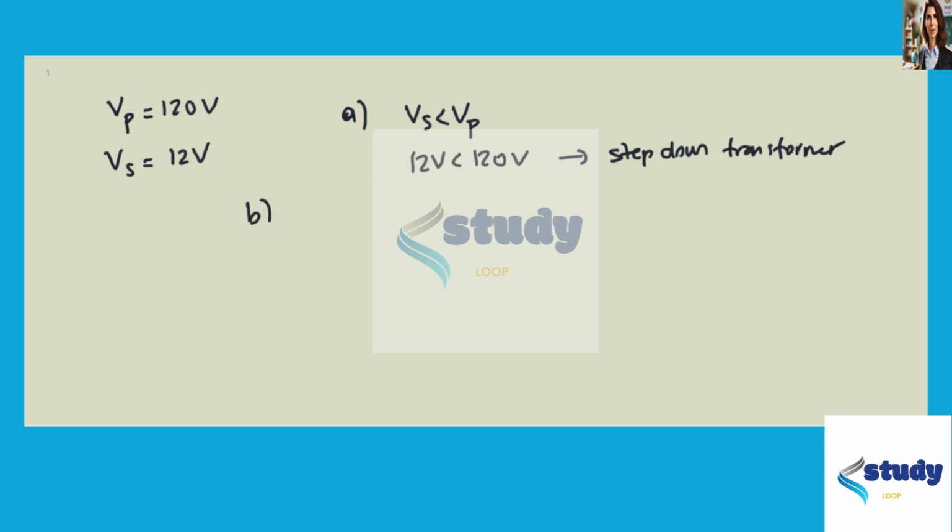In part B, we're asked to calculate the current in the secondary coil. So basically, we're asked to calculate the current in the secondary coil given the fact that the power is 45 watts that the lamp requires.